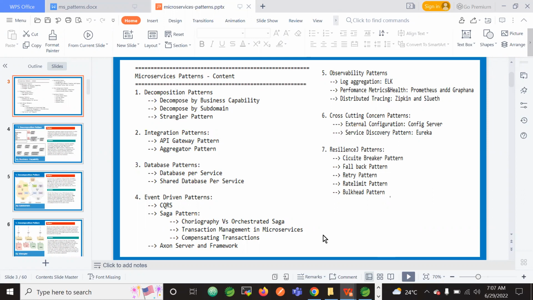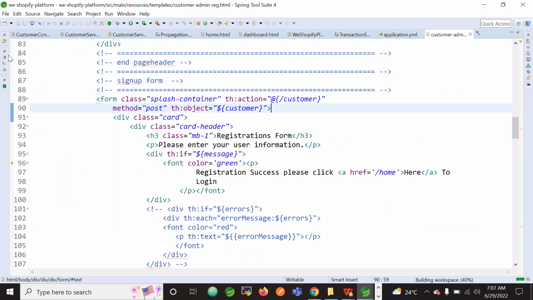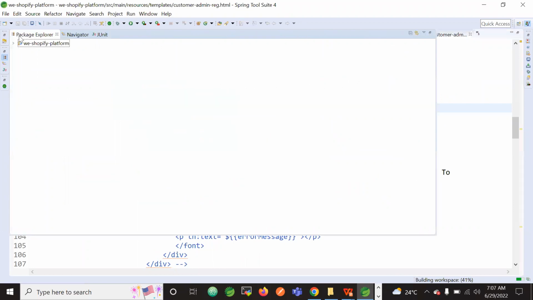An existing application may have all the code in a single application.